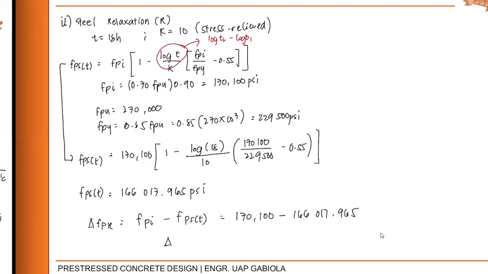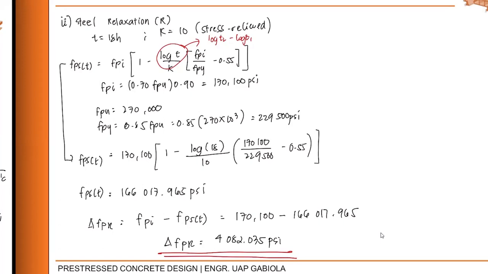So our change due to relaxation is 170,100 minus our answer. That is 4,882.035 PSI. So this will be our answer for relaxation.